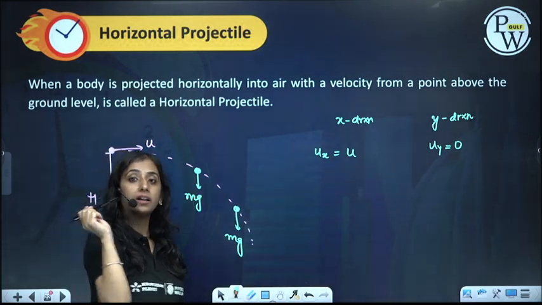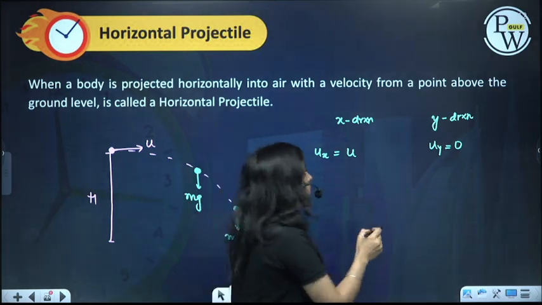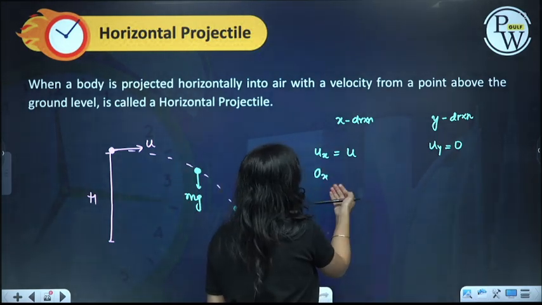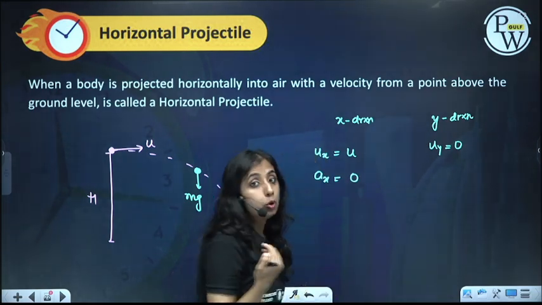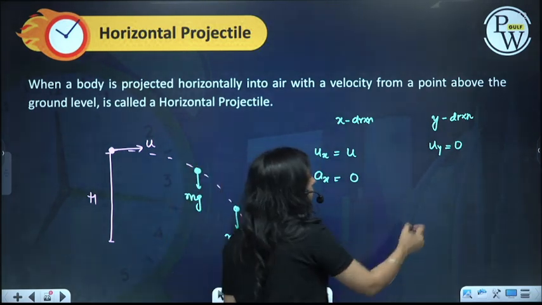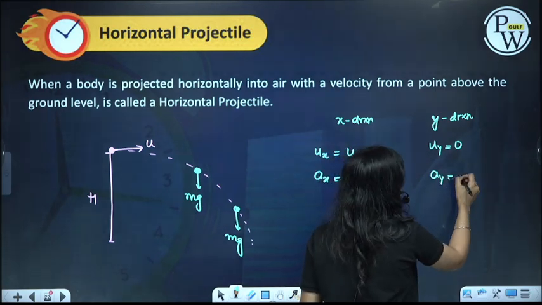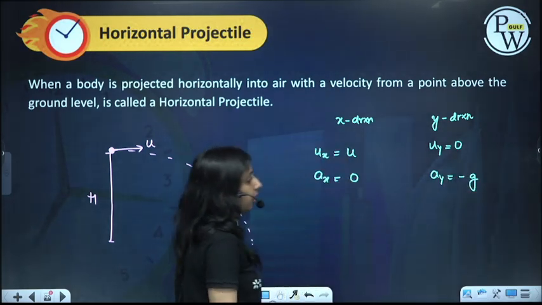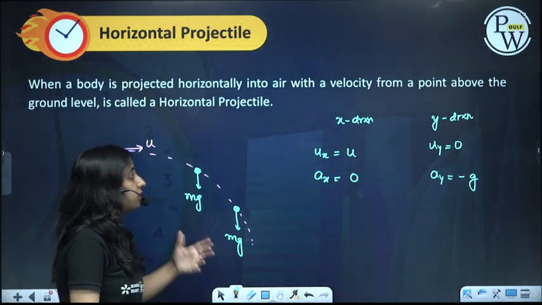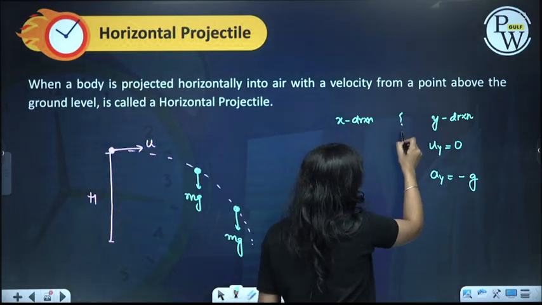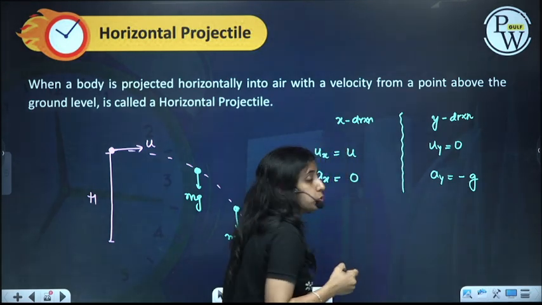We throw the particle horizontally. What will be the acceleration in x? It is 0, no force is acting in the x direction, and acceleration in y will be minus g, acting downwards. So these are the parameters or resolution of the motion in each direction.